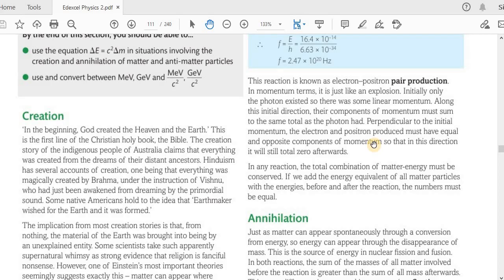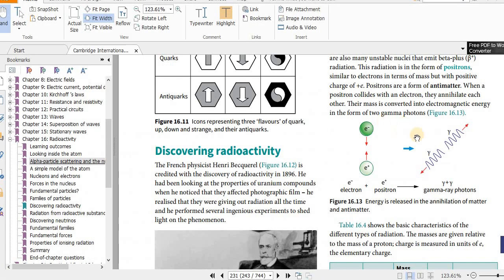The electron and positron must have equal and opposite components of momentum, so that in this direction it will still total 0 afterwards. Again, if you look at this diagram, the total momentum here, because they are traveling in opposite directions. Remember, momentum is a vector quantity.